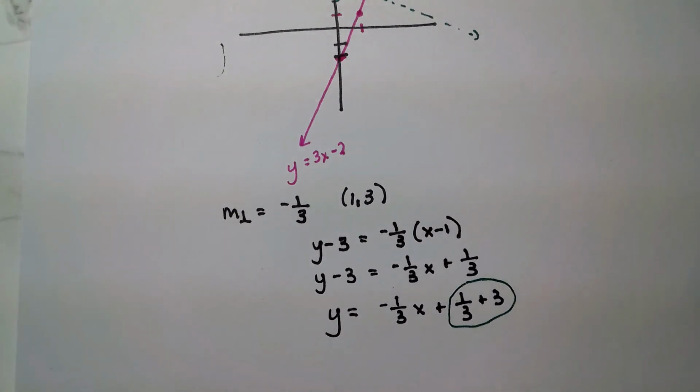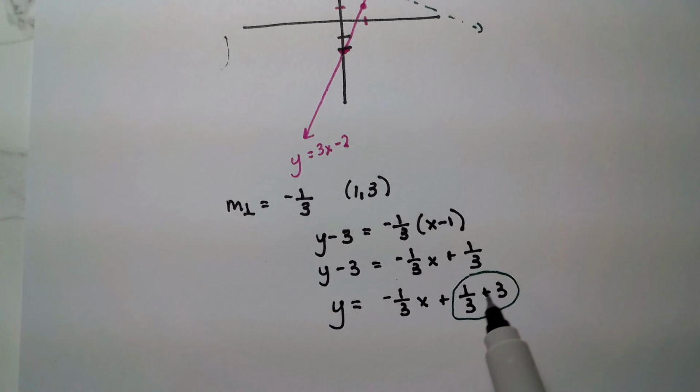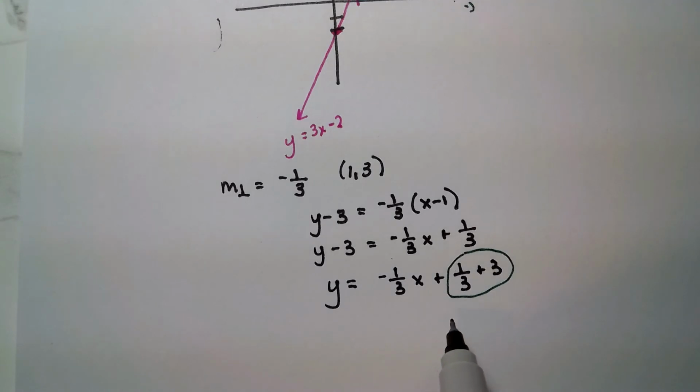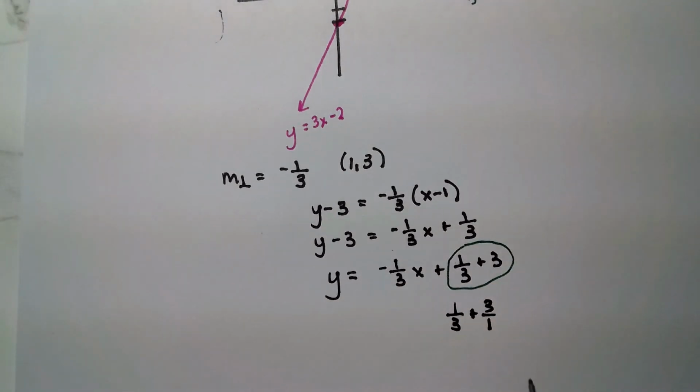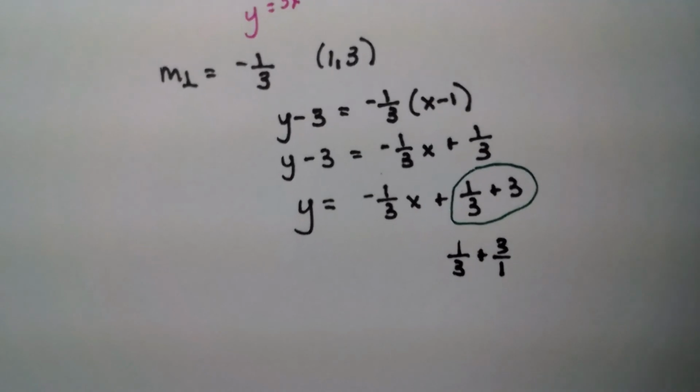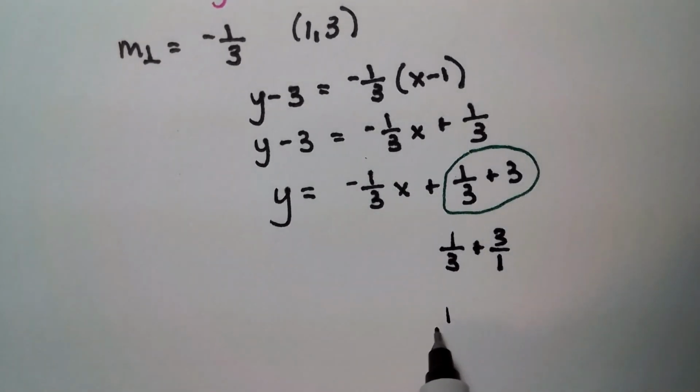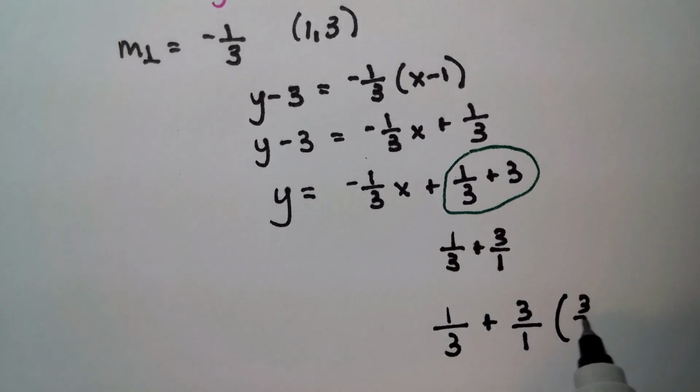I have to turn this into one fraction instead of a mixed number. How do I do that? Well, I know that 1/3 plus 3 over 1, I can't add those because the denominators are not the same. So I'm going to make the denominators the same by multiplying this fraction by 3 over 3, an equivalent fraction.